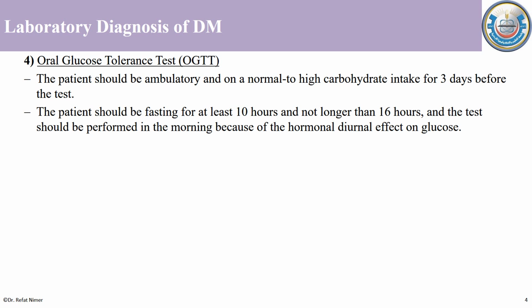For a long period of fasting, these hormones affect the glucose level, and also the stored glycogen starts to degrade and transforms to glucose to compensate for the low glucose or low energy in your body. That's why, with a long period of fasting, we can see an increase in the glucose level.